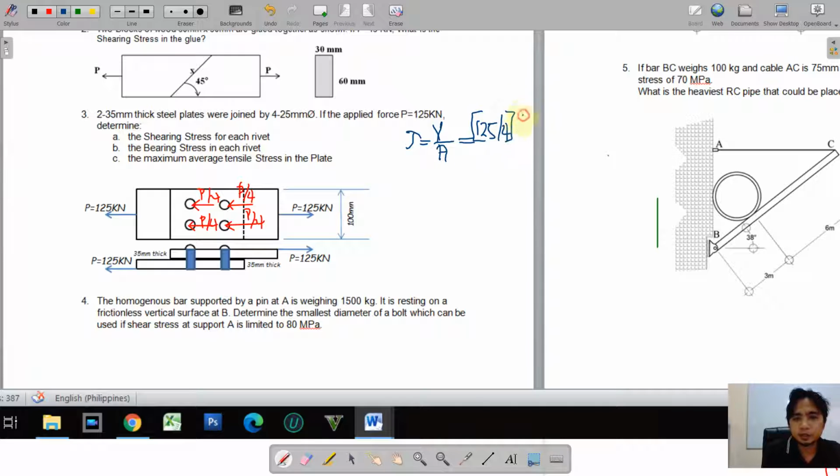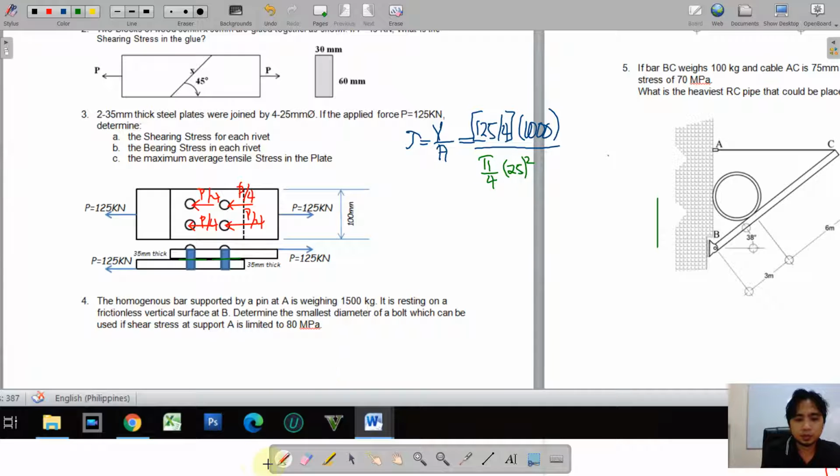Of course we must multiply that by 1000 to make it in newtons. And then for the area, of course, the cross-sectional area, because as we can see, we have a cutting effect on this cross-sectional area. So we have here the area of the circle, pi over 4 times 25 squared.